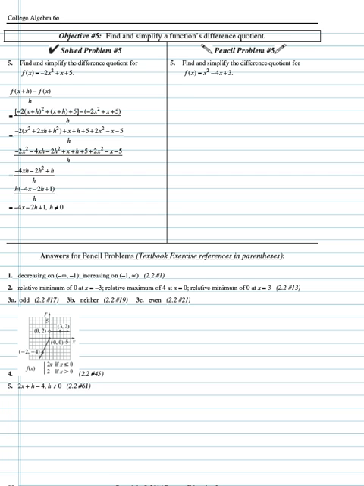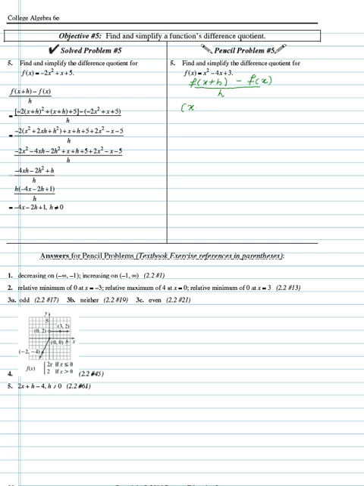Alright, simply find and simplify the difference quotient. The difference quotient formula is f of x plus h minus f of x over h. So first let me find f of x plus h. Instead of x, you replace it with x plus h.